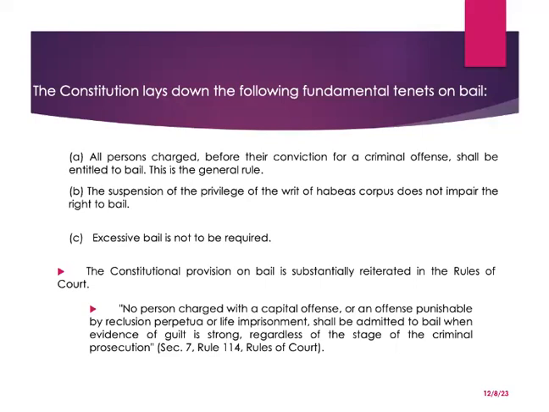So here bail becomes discretionary. If you are charged with an offense in the RTC and the imposable penalty is either reclusion perpetua or life imprisonment, you have to prove that the evidence of guilt is not strong so that you'll be allowed bail. That is what we call bail as a matter of discretion.